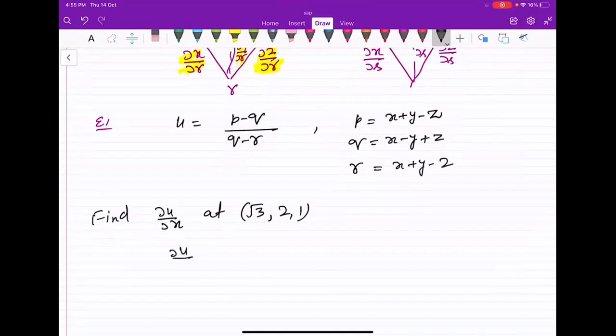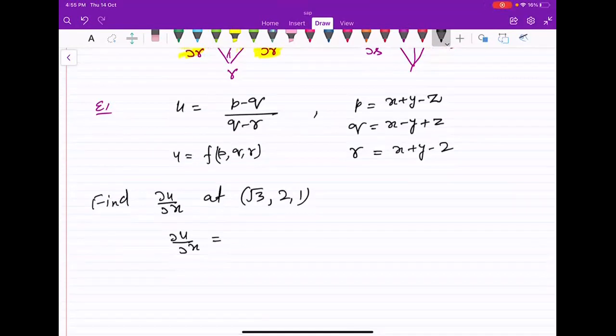So del u over del x: u is a function of p, q, r. So you will differentiate u partially with respect to p, q and r. And p, q, r are associated with x, y and z.